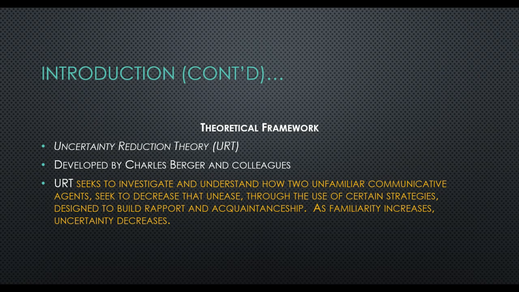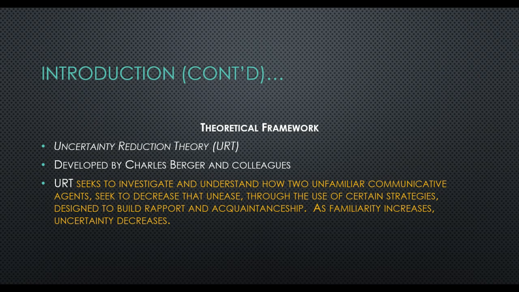So that is to say that generally, when there are unfamiliar people that encounter one another and yet to some degree have to engage one another, they feel that uncertainty about one another due to that unfamiliarity, and use various methods and strategies to gain information about the other.